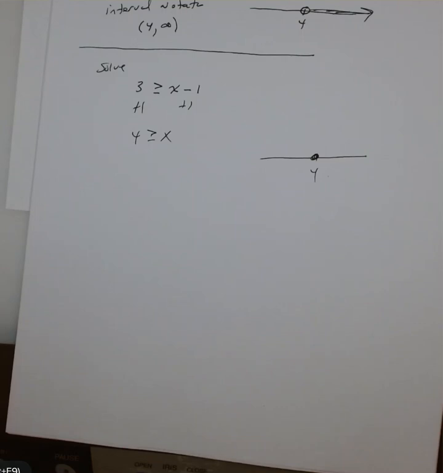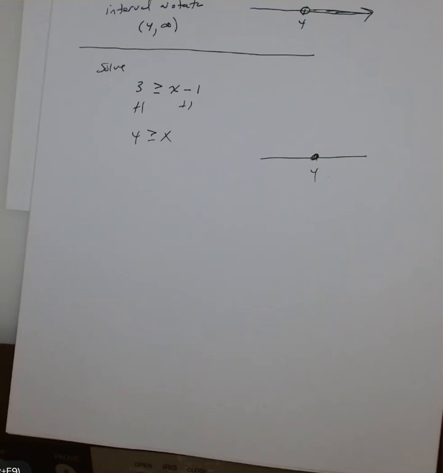You said greater than. Okay, so let's think about that. If I shade to the right, 6 would be a solution, wouldn't it? Is 4 greater than or equal to 6? No, it's not. 4 is not greater than or equal to 6. So shading to the right is not your solution set.